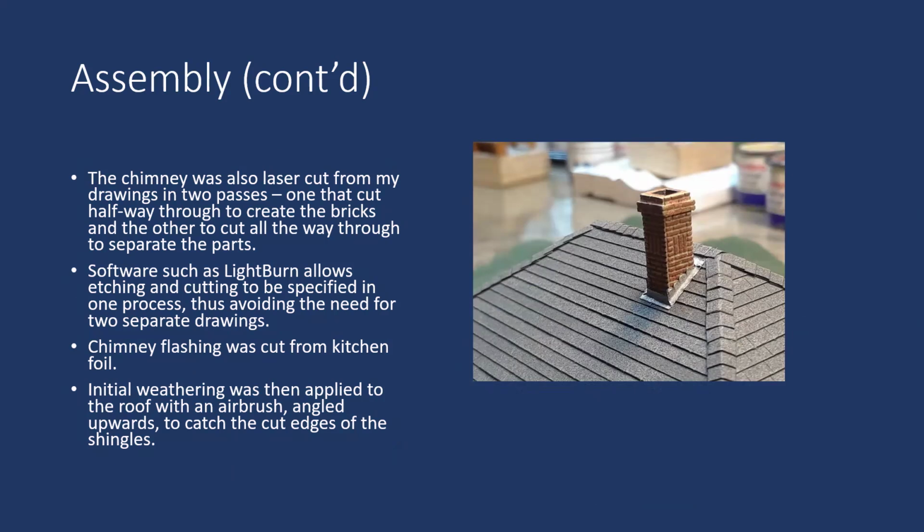Chimney flashing was cut from kitchen foil, and you can see how it's carefully folded into the bottom perimeter of the chimney. And initial weathering was then applied to the roof with an airbrush angled upwards to catch the cut edges of the shingles. And I've effectively reduced or eliminated this step by using shingle material that's the base color that you want to end up with.